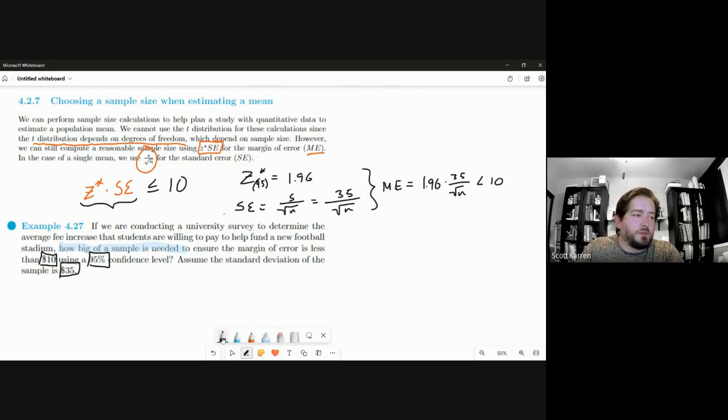I'm going to divide the left and the right by 10, and multiply the left and the right by the square root of N. The 10s cancel out on the right, the square root of N cancels out on the left, and I end up with 1.96 times 35 over 10 is less than or equal to the square root of N. And so then I just square both sides.